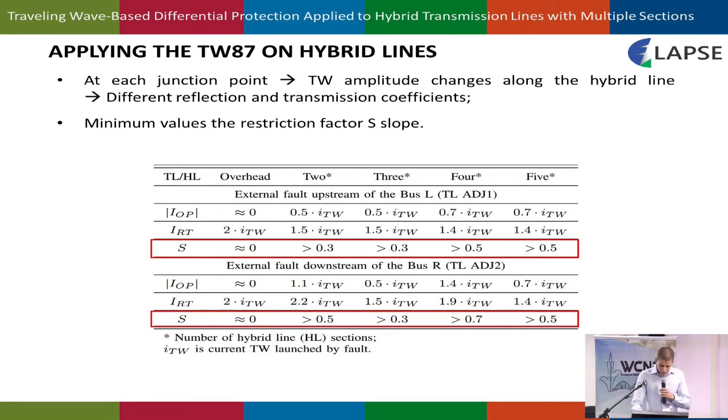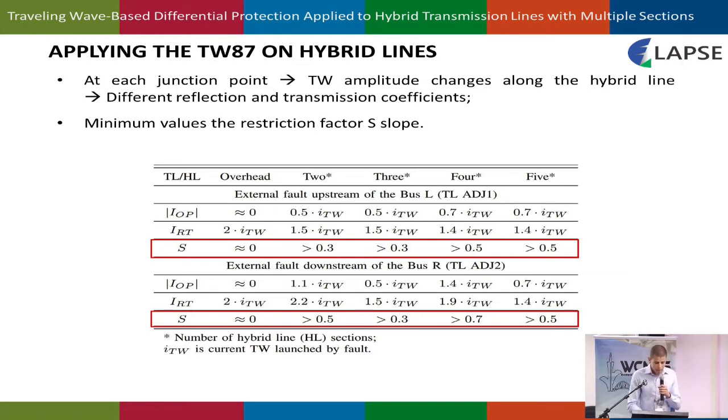Well, before we go to results, let us understand the possible problematics that can arise when applying the TW87 on hybrid lines. Due to the difference between electrical parameters for each hybrid line section, the amplitude of current TWs is modified when passing each junction point between sections.